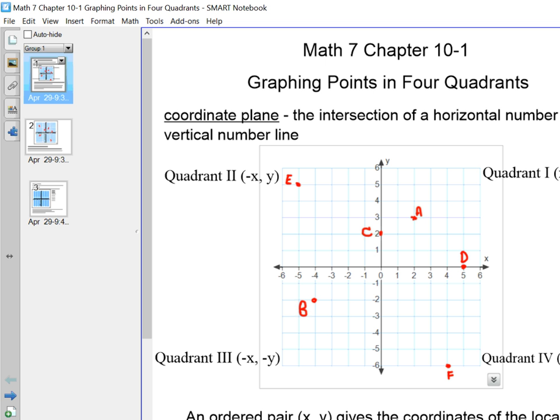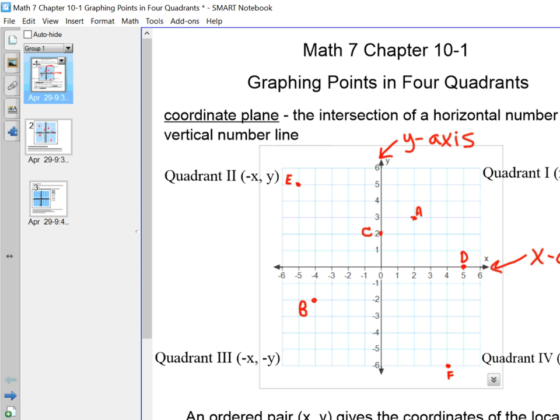We're going to be working this time with a coordinate plane that is the intersection of a horizontal number line, which is called the x-axis, and a vertical number line, which is called the y-axis.